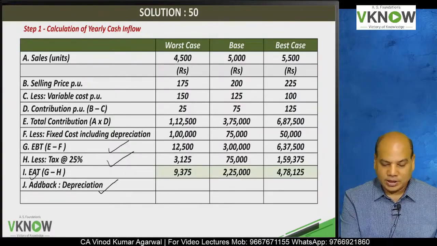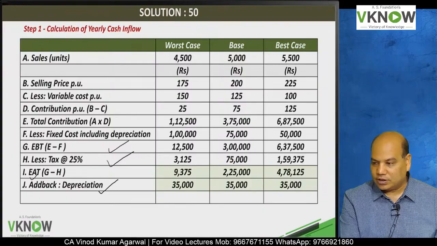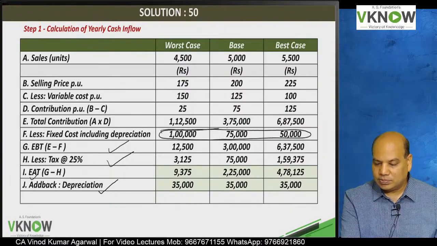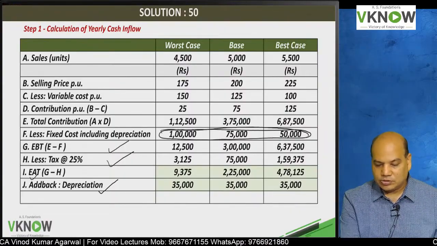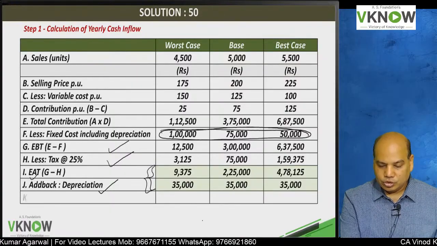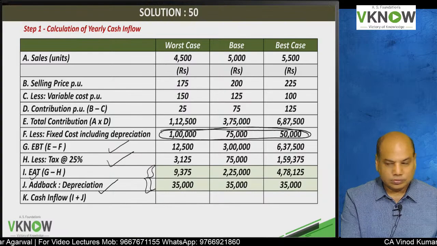Under that, add back depreciation, you will write 35,000 each, because this fixed cost includes depreciation and the depreciation amount is constant. If you add these two numbers, you will get cash inflow.